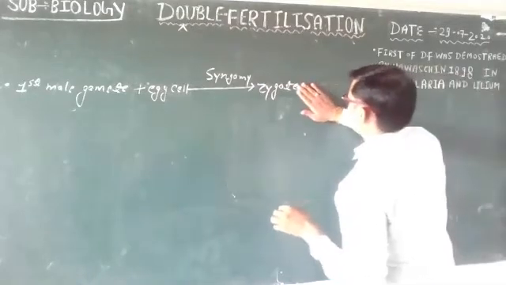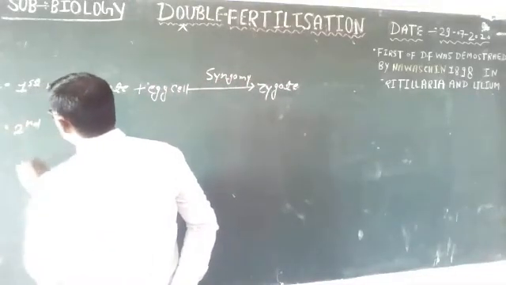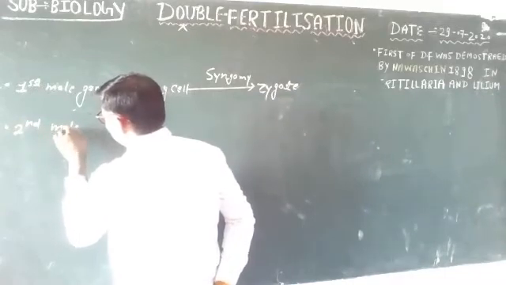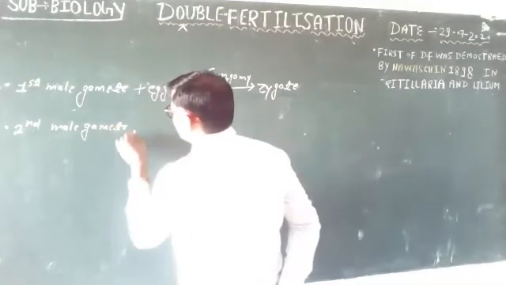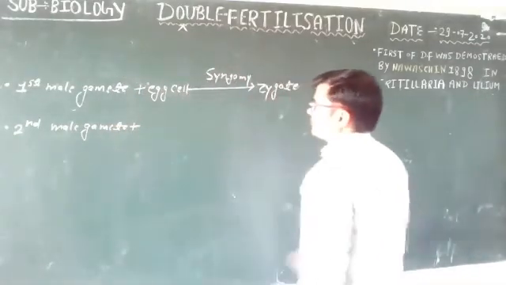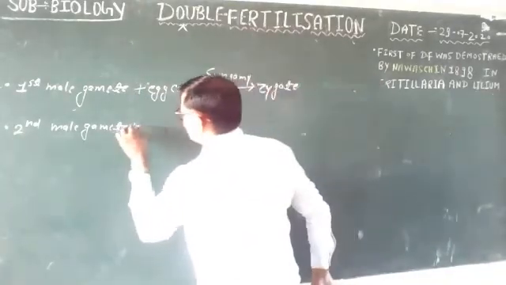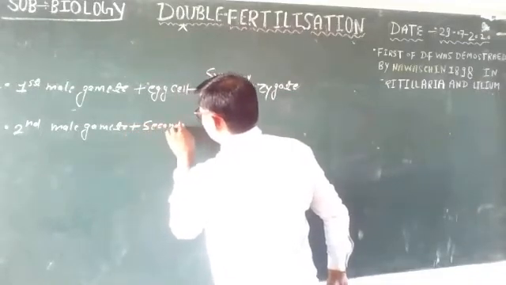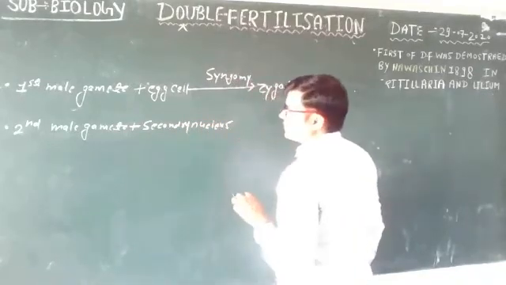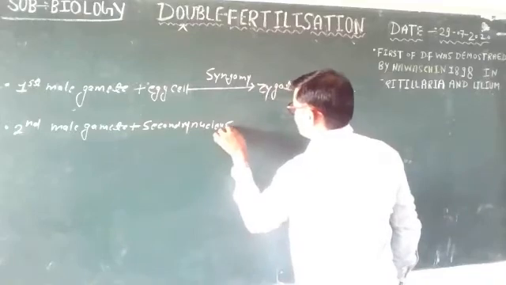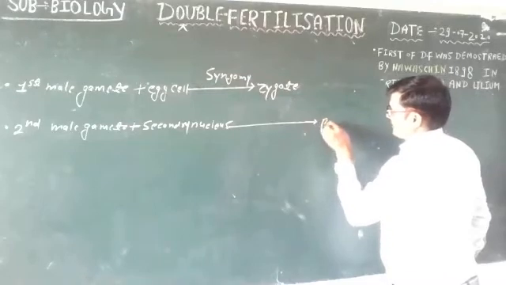After this, the second point: the second male gamete plus the secondary nucleus. The second male gamete plus the secondary nucleus fuse to each other. It forms PEN.